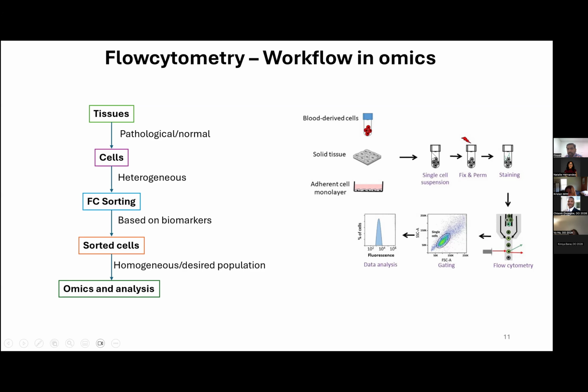If we have cells, isolate the cells, fix the cells, and go for staining with antibodies. And if you have an adherent cell culture, some cells will grow in the culture plates. Again, we need to take those cells out, make a single suspension, fix it, and go for staining with antibody. Once it is stained, do flow cytometry, do gating, and go for data analysis.